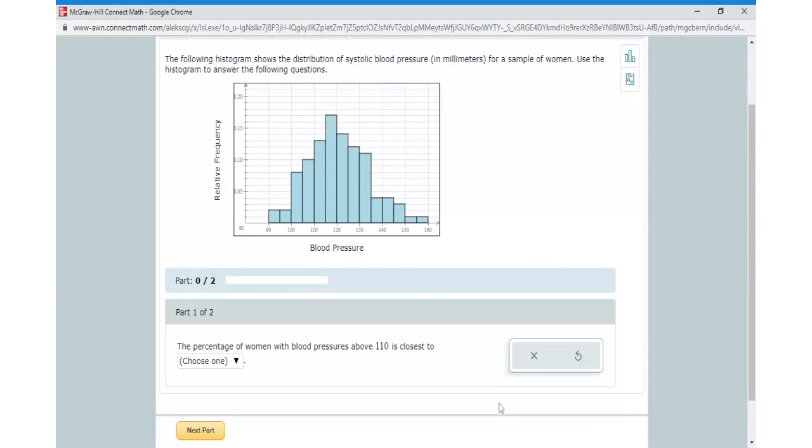So what you can do is add up all of these that are 110 or less, so these 4, and then subtract from 1. So let's see, that's, oh boy. I'd be unlikely to have stuff like this on my test. This is just good to be able to read and see the percentages though. Let's see, what is that going to be?